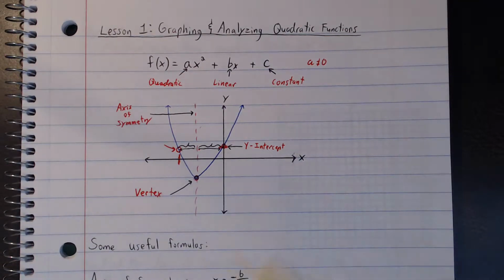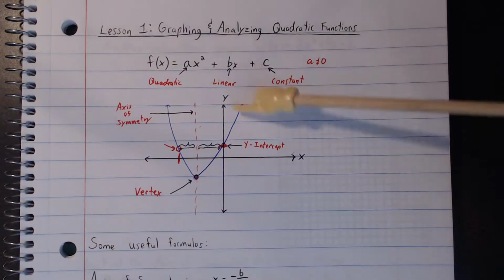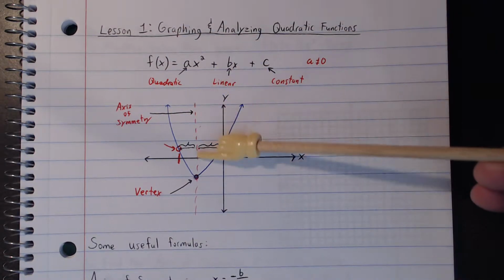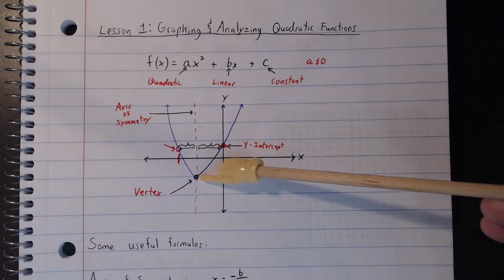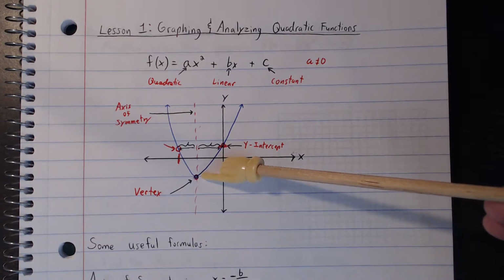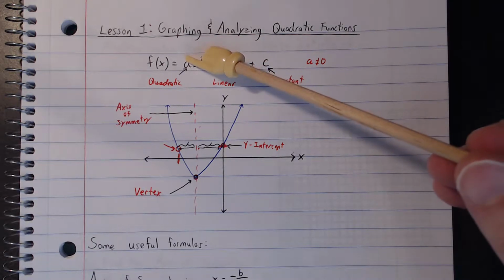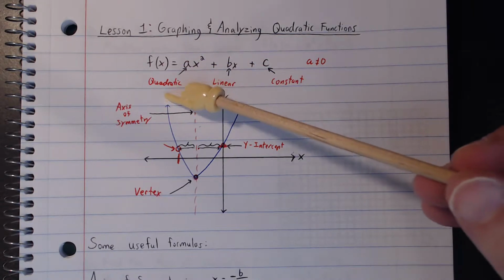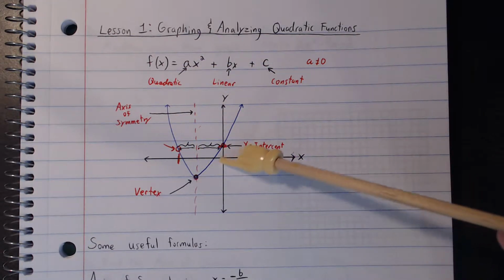In the image that we had up here, we notice that it's going up forever and ever, but it goes down to a certain point. That's the lowest value it will ever be. That would be our minimum. We also see that our a value is positive, which means that it's going to be a minimum, and we can see that it's opening up.